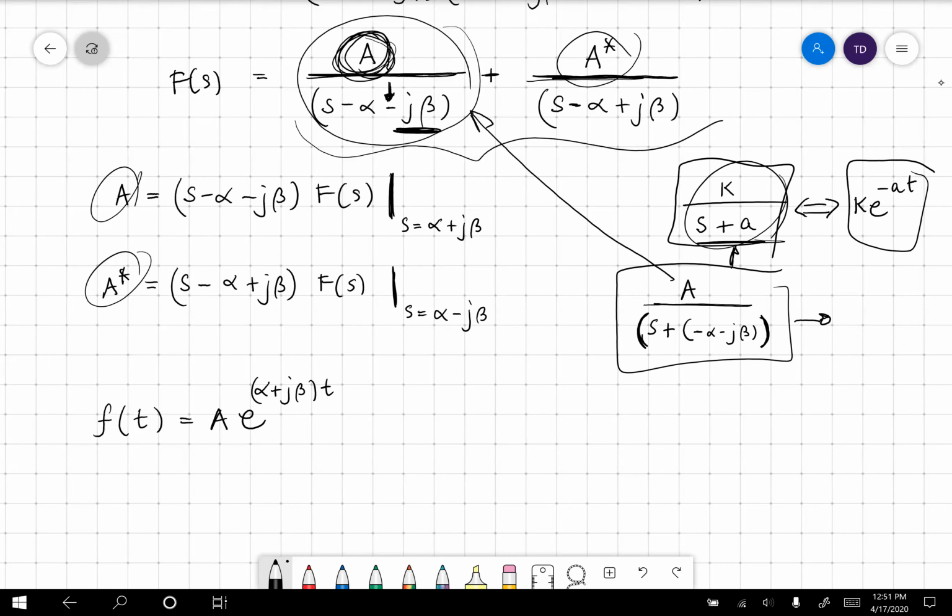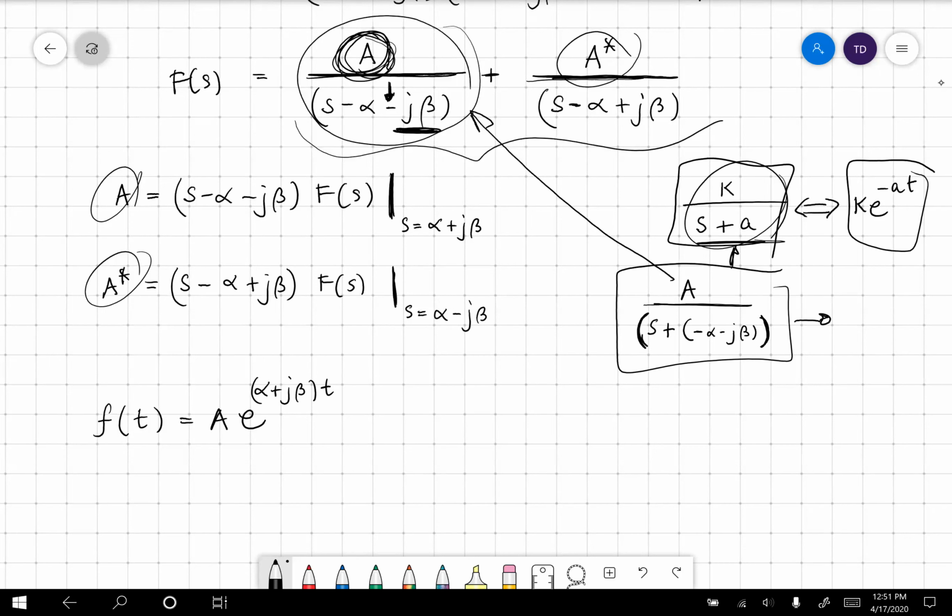Okay, we don't know a lot about A, but we do know that in general, A is complex. Why is that important? Because if I'm taking the real part and this is complex, it affects how I take the real part.